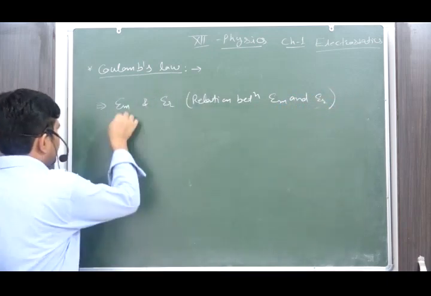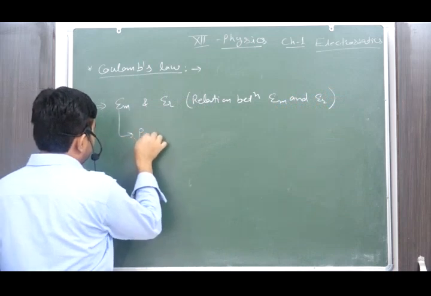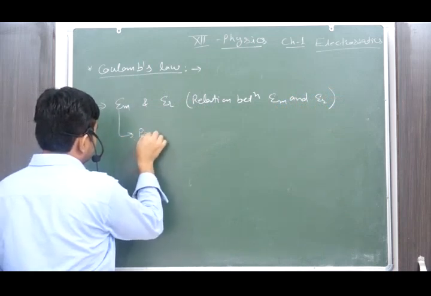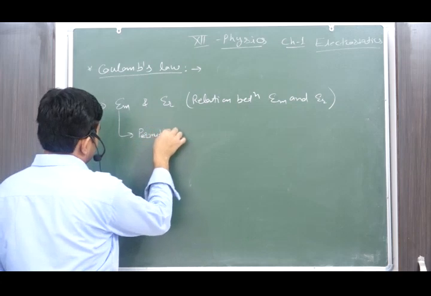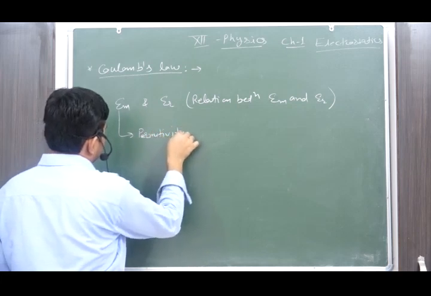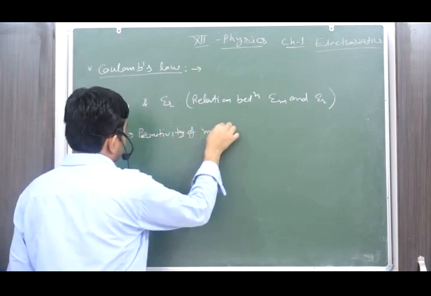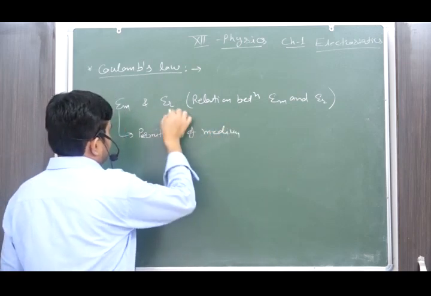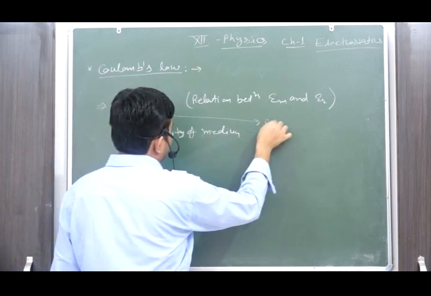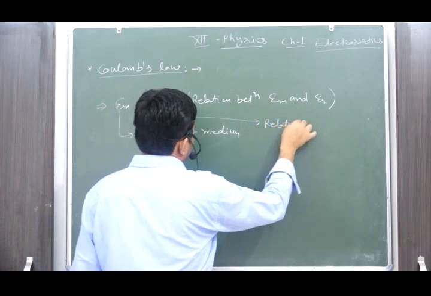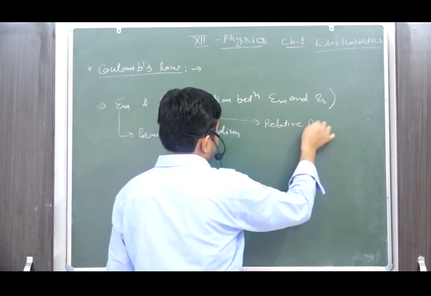Here epsilon m is the permittivity of the medium, and epsilon r is the relative permittivity.